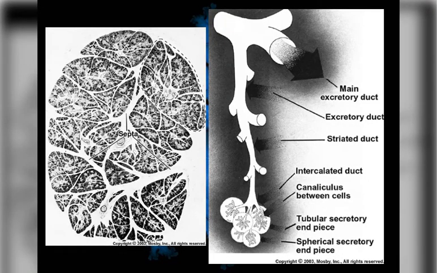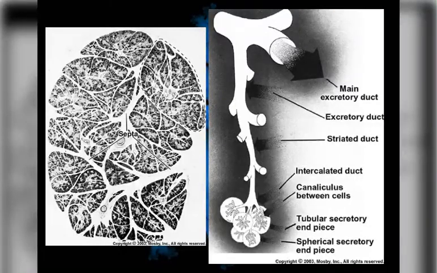In all cases, these secretory end pieces pour their secretions into the lumens of these secretory end pieces, and the lumens group here, it's called canaliculus between cells.